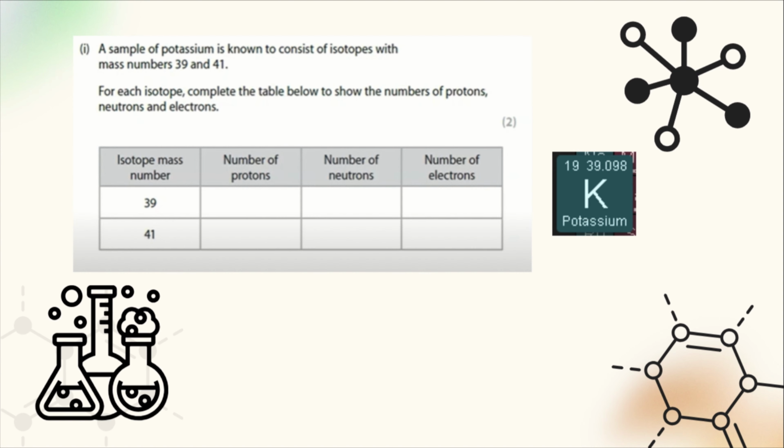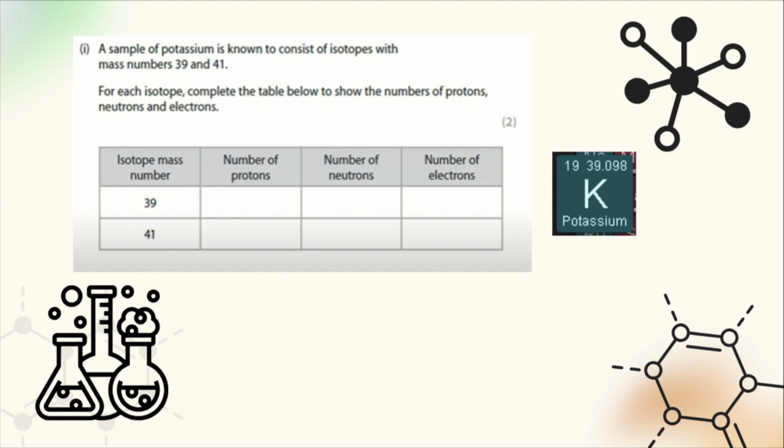A sample of potassium is known to consist of two isotopes with mass number 39 and 41. For each isotope, complete the table below to show the number of protons, neutrons, and electrons. So we are given the mass number, which is 39 and 41. To see the number of protons, we have to look at the periodic table, and there we have 19.